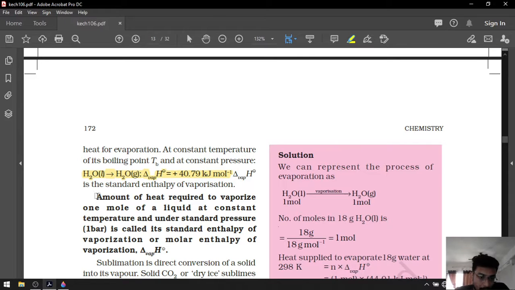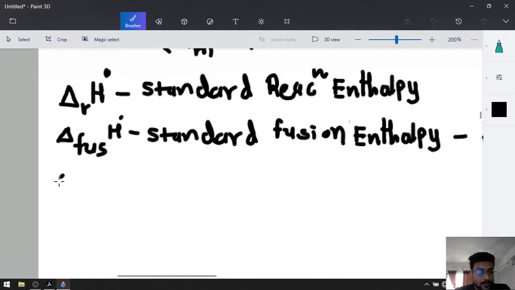The amount of heat required to vaporize 1 mole of a liquid substance at a constant temperature and standard pressure is called the standard enthalpy of vaporization, or you can say molar enthalpy of vaporization. The symbol will be delta vap H naught. Okay. So our next enthalpy is delta vap H naught.